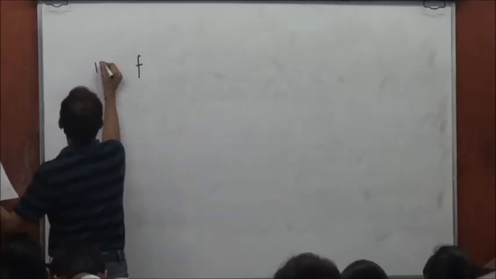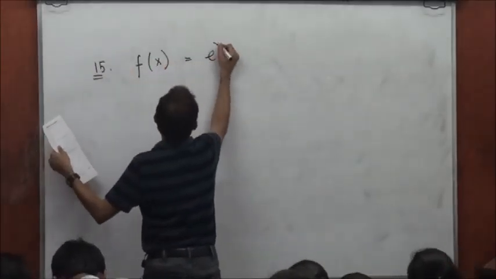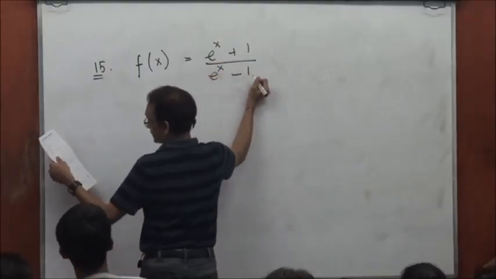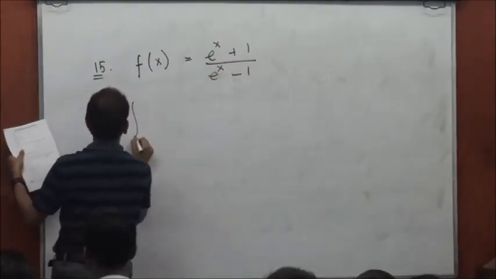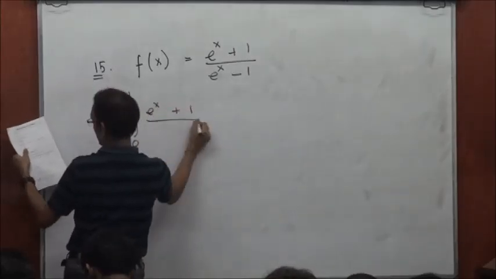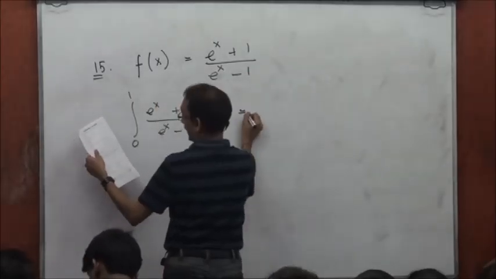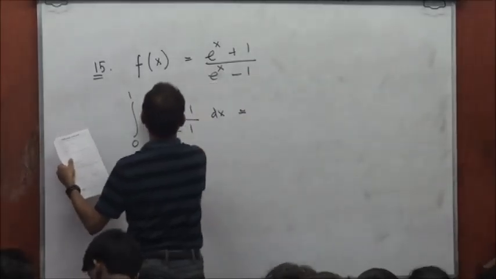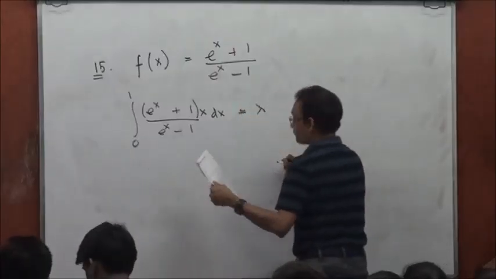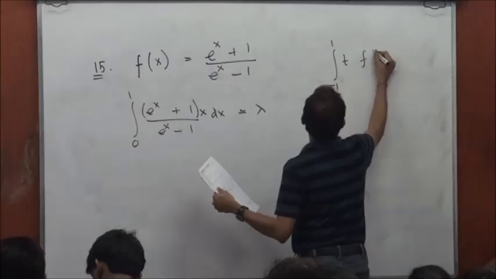Number 15. Fx is e power x plus 1 by e power x minus 1, and we need to find the integral minus 1 to 1 of x fx dx.